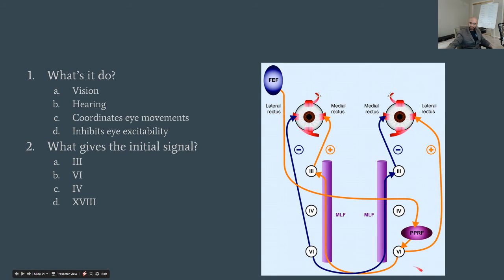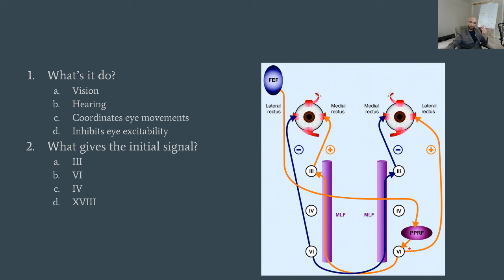And let's trace it. If you ever see something like this in any neuroscience class, trace the arrows and it'll tell you what happens. So the PPRF, the paramedian pontine reticular formation, gives a signal to cranial nerve 6, which goes up to its lateral rectus and pulls it.